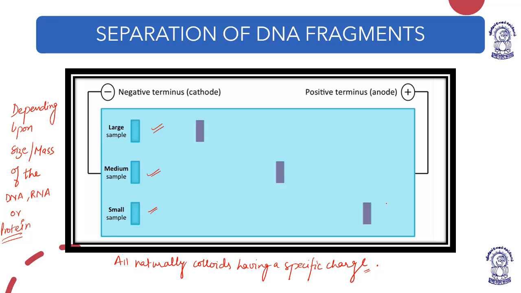The moving medium, the coating of agarose gel, is done. So we will need a matrix or a medium through which the fragments will move. The medium which we have taken, that is agarose gel, is the stationary phase, and the DNA fragments are the moving phase.